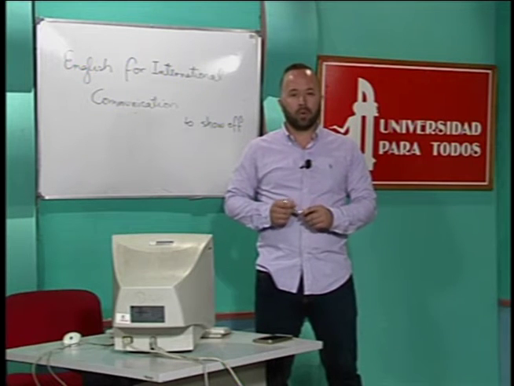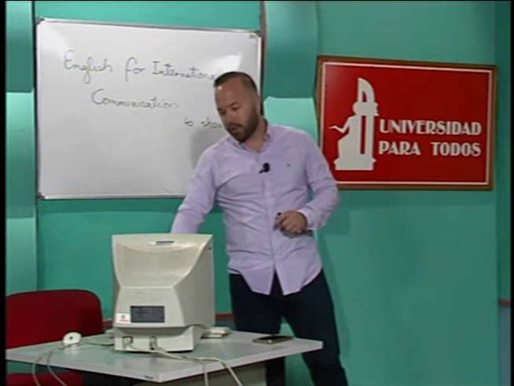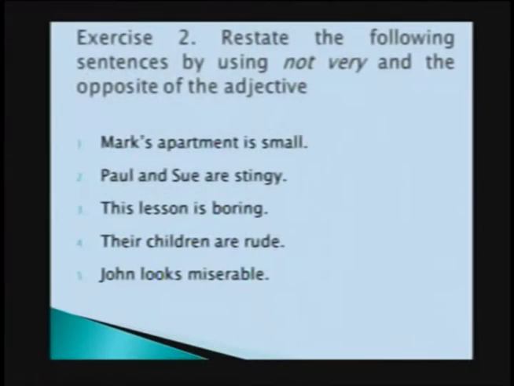So let's do another exercise. Let's do the second exercise in today's lesson. Take a look at the slide. In exercise number 2, you have to restate, you have to rewrite the following sentences by using not very and the opposite of the adjective, the antonym of the adjective.